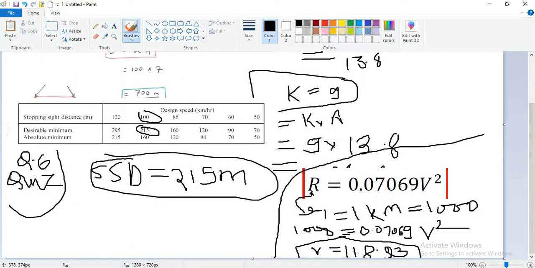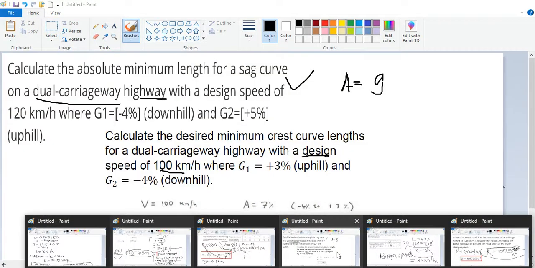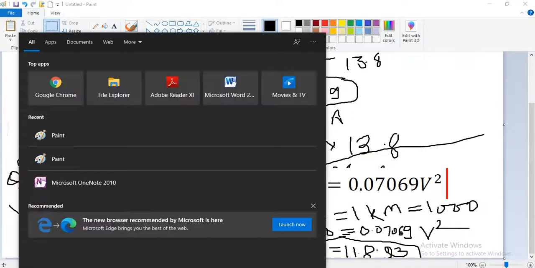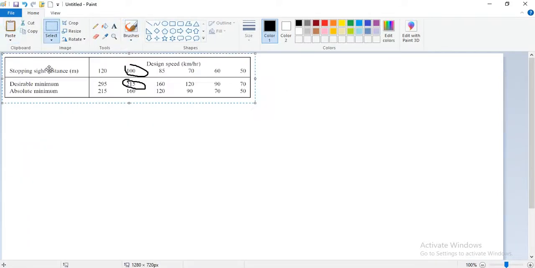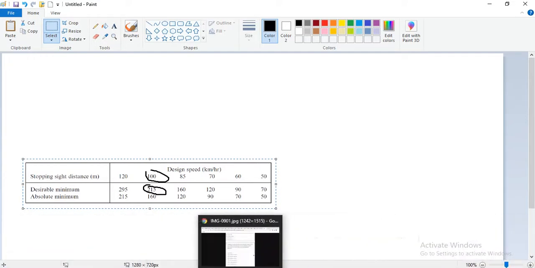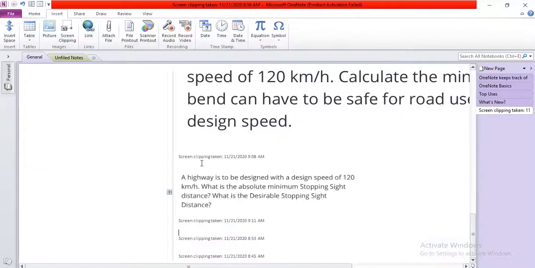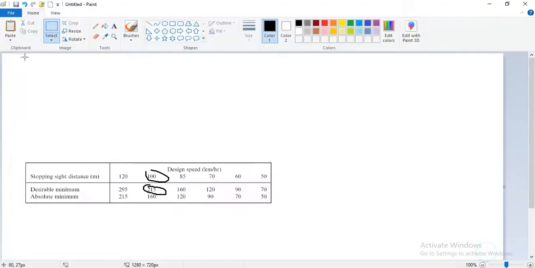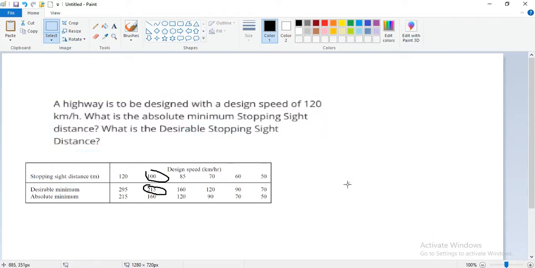This table. Okay, highways to be designed with a design speed of 120.